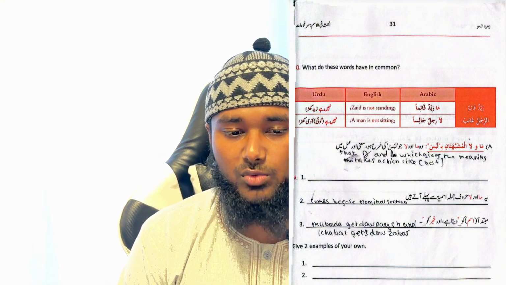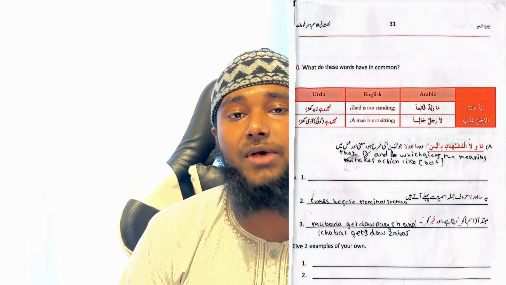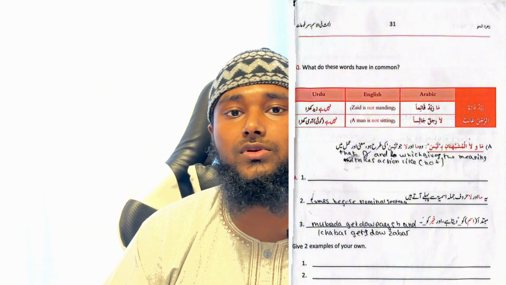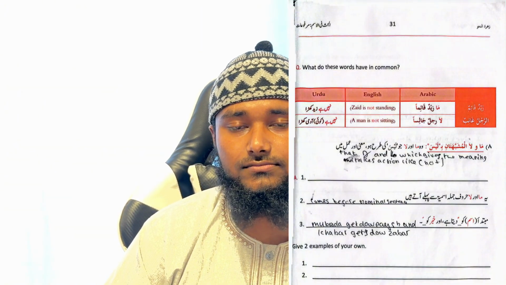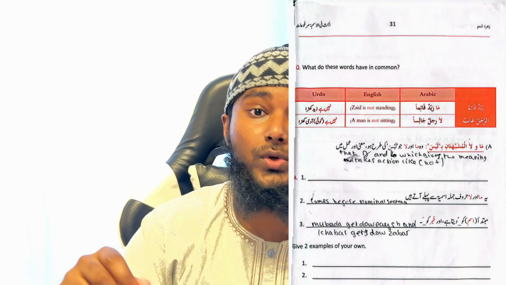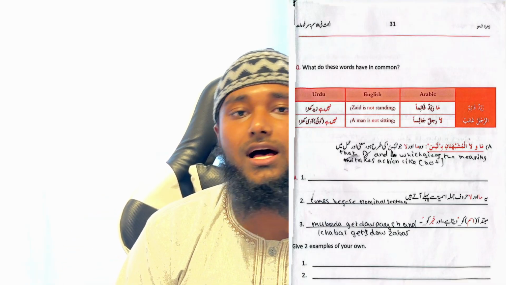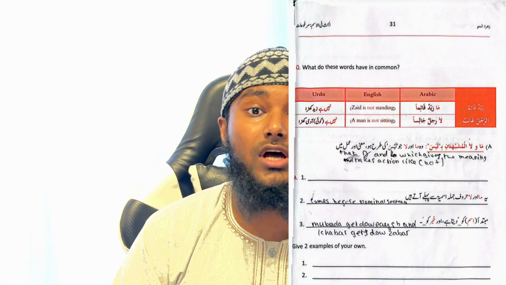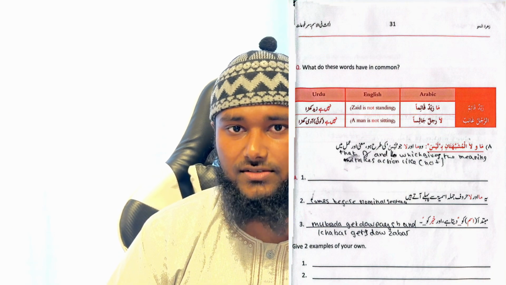And then the second example is la rajulun jalisan. A man is not sitting. So if you say rajulun jalisun, that means a sitting man. Now when you say la rajulun qa'iman, then the rajul becomes the mubtada of that sentence.